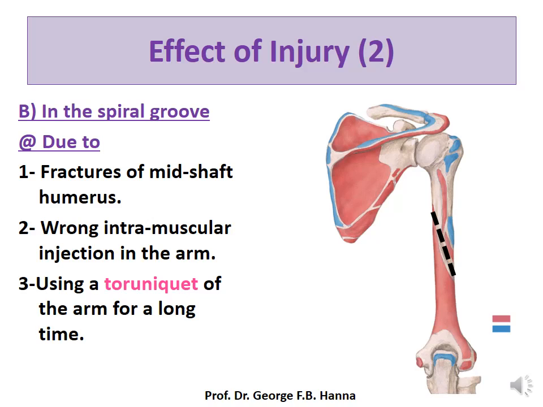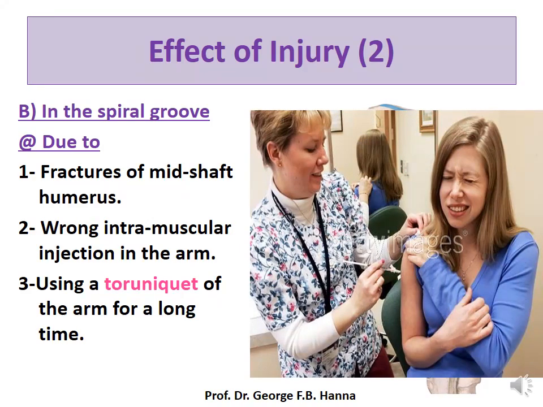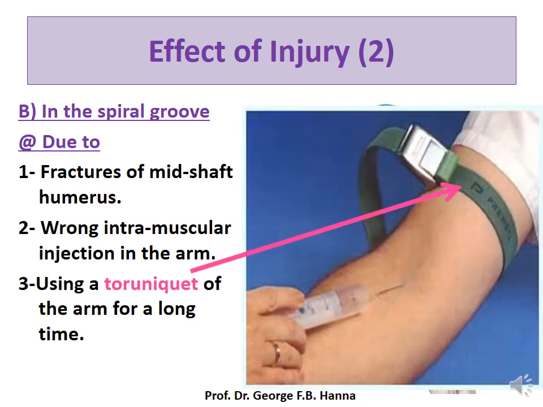Here the radial nerve can be affected by fracture of the mid-shaft of the humerus, as the diagram shows, or number two, wrong intramuscular injection in the arm, going all through the triceps to injure the radial nerve, or using a tourniquet on the arm for a long time.